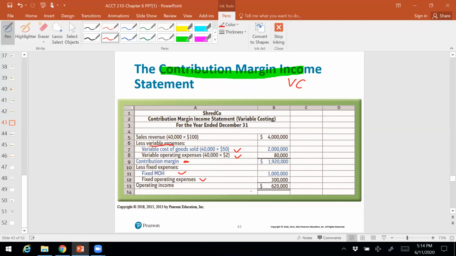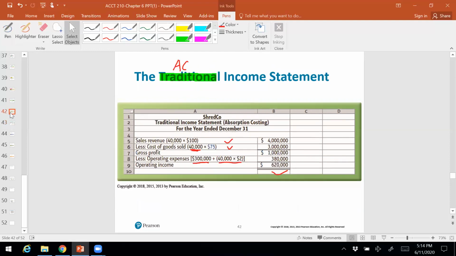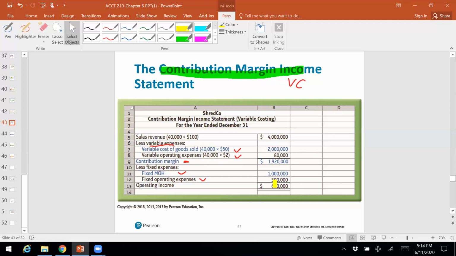You say, hey, professor, you are wasting my time. What are you doing? Look at this number, this one is 620,000, this one is 620,000. You don't know what you are talking about, you are not a good professor, I will quit your class. I said, wait, give me a second.